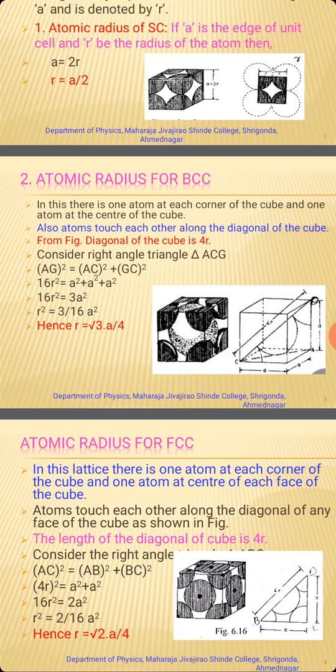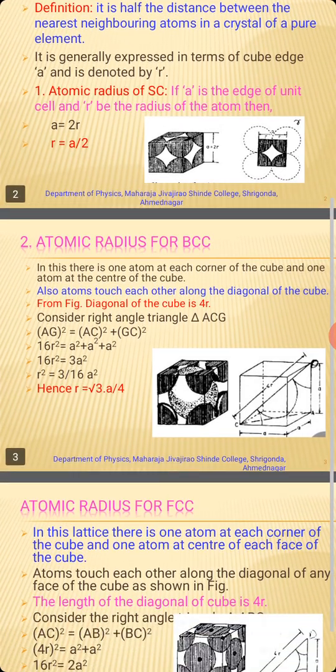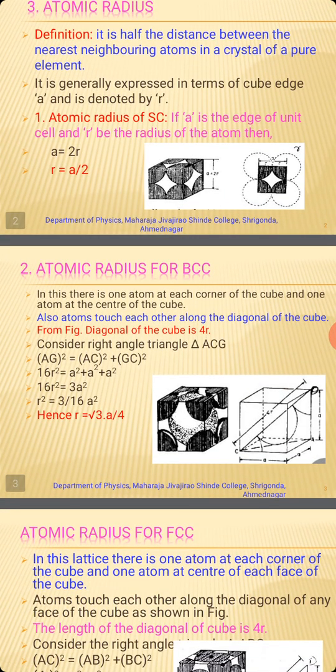Hence r is equal to root 2 upon 4 into a. It is the value of atomic radius of FCC. You have to remember all these formulas as there are going to be examples based on atomic radius of the cube or FCC.